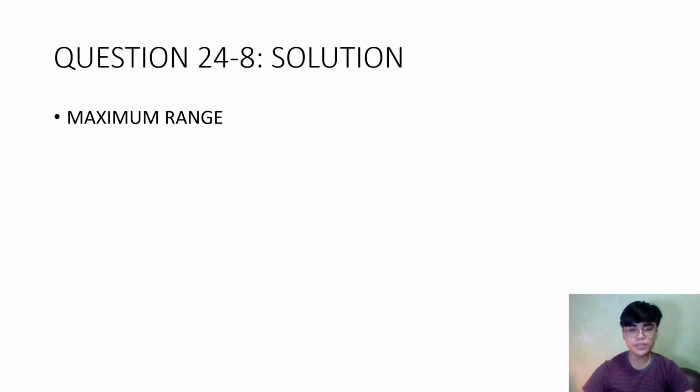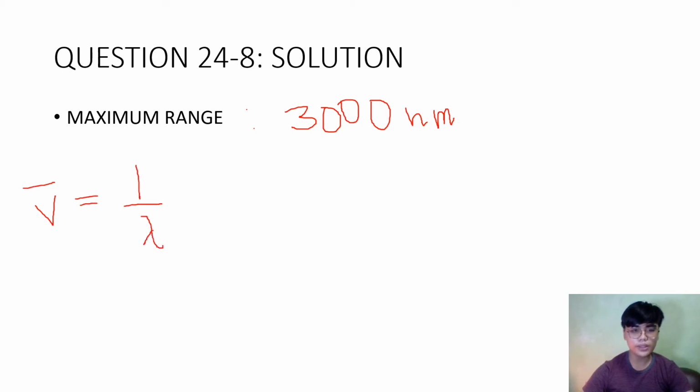So for the maximum range, we have 3000 nanometer wavelength. We are asked to find the wave number. We're going to use again the formula: 1 over wavelength is equal to 1 over 3000 nanometer. Because its unit is in nanometer, we're going to convert it into centimeter.